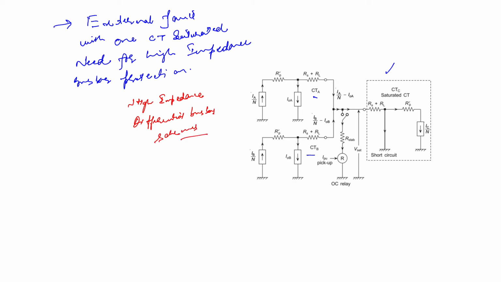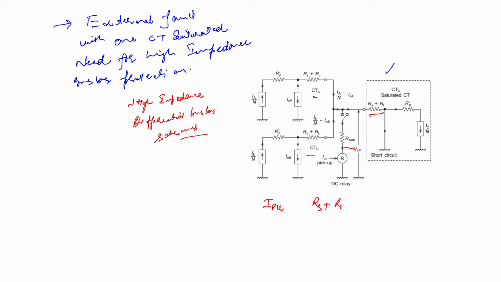The main idea is to prevent tripping during an external fault and the full saturation of one CT. Now, to find the value of the stabilizing resistance R stabilizing, let the pickup value of the overcurrent relay be I pickup, and the resistance associated with the saturated CT be RS plus RL.